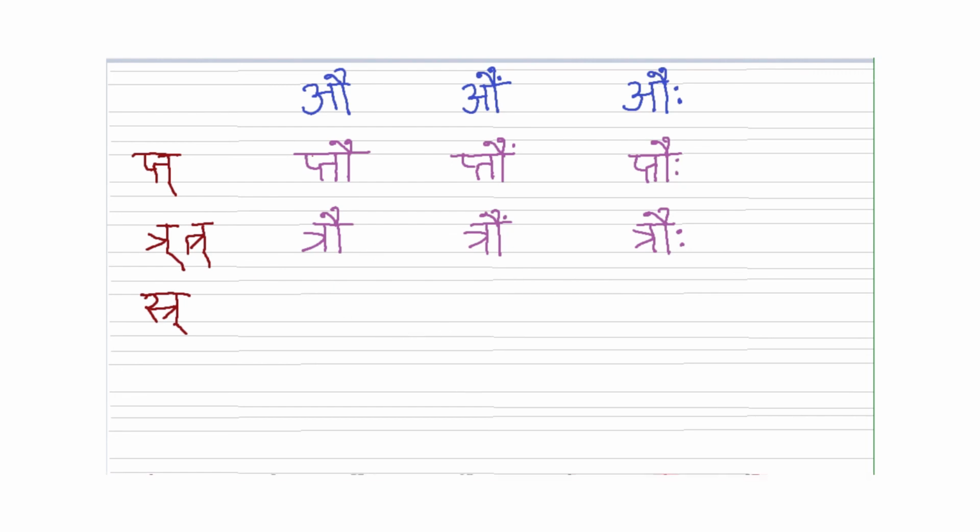All right. So as a samyuktaksharam, it will become srau, sraum, and srauhu.